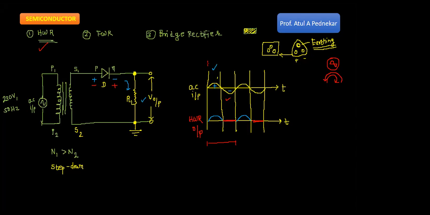Just a minute. Let's say the time period of the input is 10 minutes. For 5 minutes the output bulb will glow, and for the next 5 minutes the output bulb will be off. Again in the next 5 minutes the bulb will be on, and in the next 5 minutes it will be off. This will happen automatically once you connect this network.